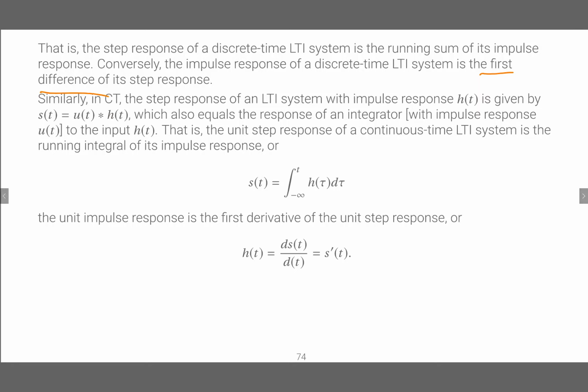Similarly, in continuous time, the step response of an LTI system with impulse response h(t) is given by s(t) equals u(t) convolved with h(t), which also equals the response of an integrator with impulse response u(t) to the input h(t). That is, the unit step response of a continuous-time LTI system is a running integral of its impulse response. To compute the impulse response, you would differentiate the step response. This is the step response, this is the impulse response.